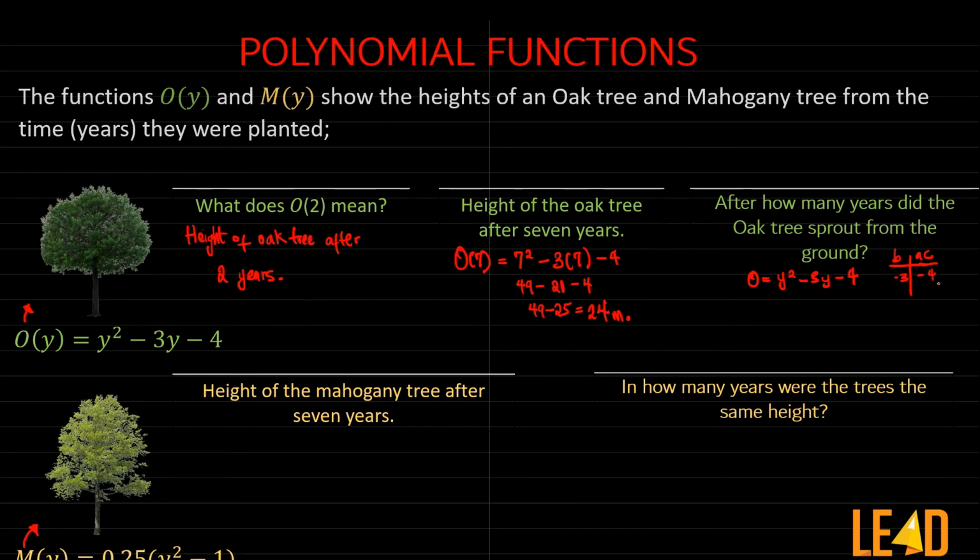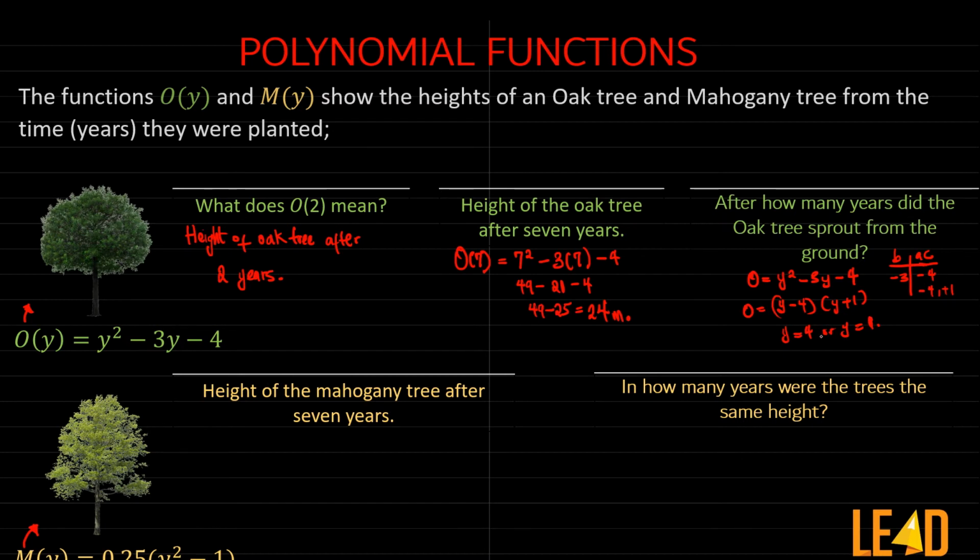So two numbers that will multiply to give that, but add to give that would be minus 4 and plus 1, right? So that would be y minus 4 and y plus 1 is equal to 0. So my solutions are y is equal to 4 or y is equal to minus 1.